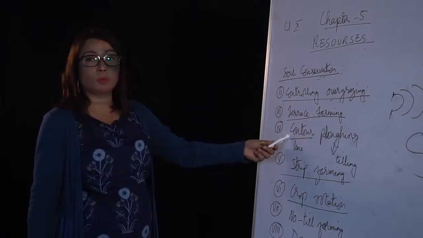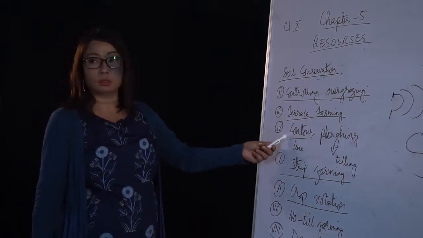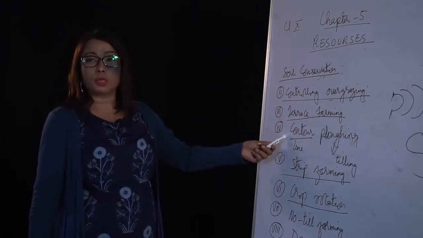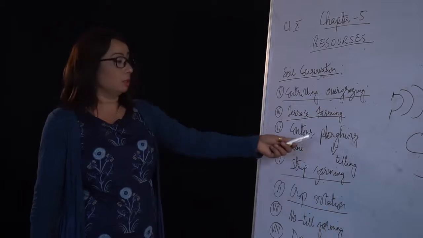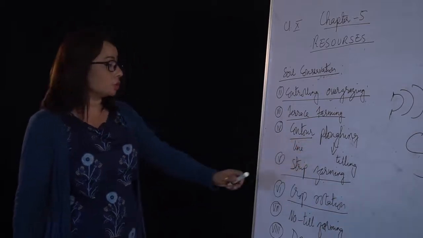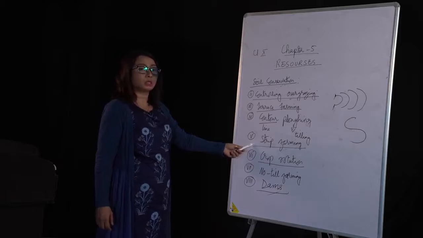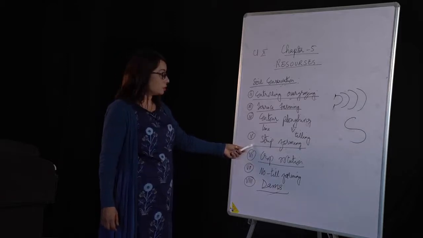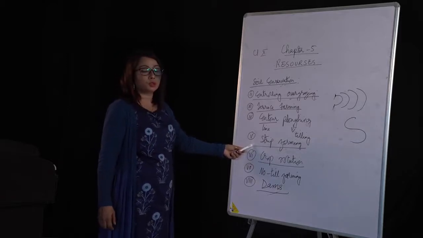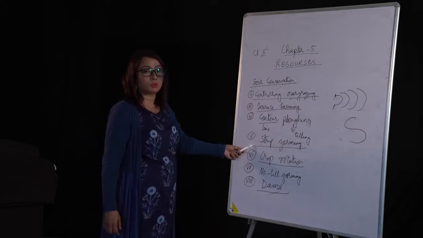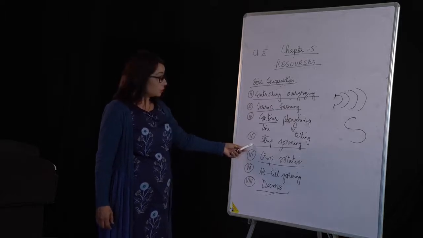Contour plowing, or plowing along the line, joining two points of equal height. This also helps in soil conservation. Then strip farming, a big plot of land is cut into strips or pieces, and in between each strip grasses and trees are planted so as to conserve soil.